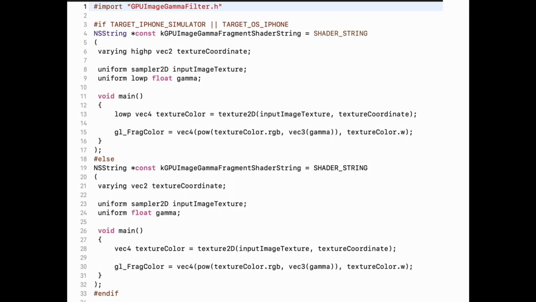The only difference between either of these code is, if you look at the properties, the one on the top has precision qualifiers. So you have this varying highp vec2 instead of varying vec2 texture coordinate. Just that one word meant that you had to write all of this code twice.